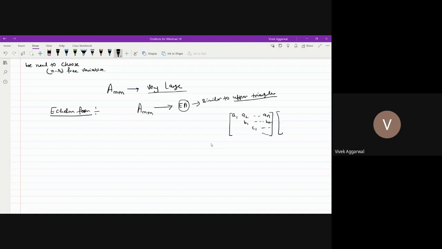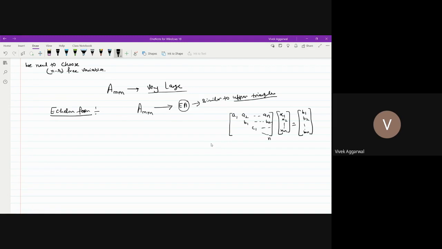We have the variables x1, x2, xn, and on the right hand side b1, b2, bn. Now you can solve this system because it is an upper triangular matrix.